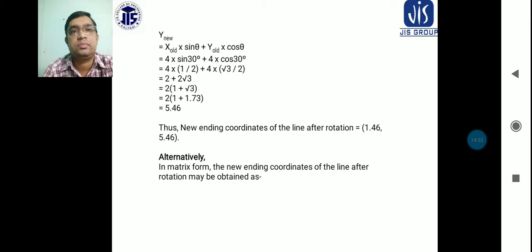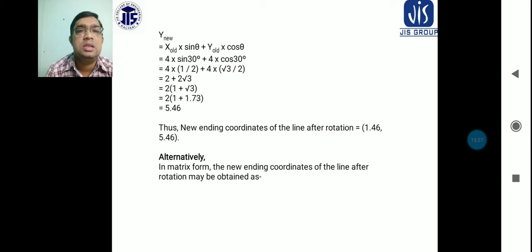Next, calculate the y new value using a similar equation: y new equals x old sin theta plus y old cos theta.